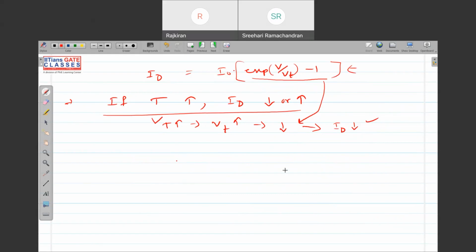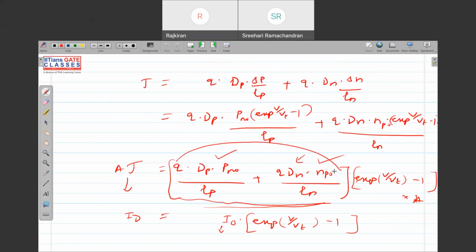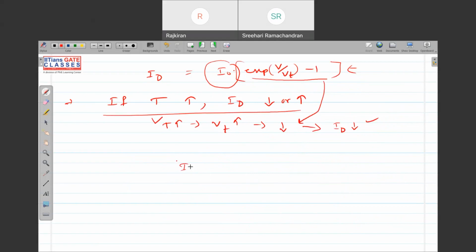Yes, sir, I was thinking like that, due to generation and all those things. You should think, it is a physics course. You are forgetting this I0. I0 is proportional to Pn0 and Np0, and Pn0 and Np0 are proportional to Ni squared. So Ni will increase with temperature, and this I0 also will increase a lot.